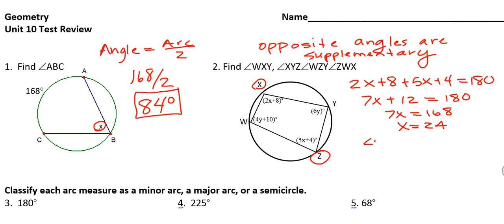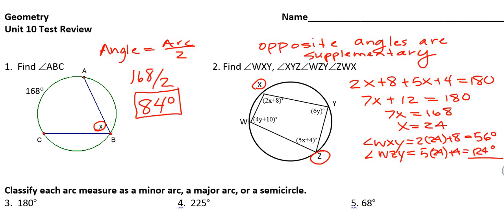For angle WXY, 2 times 24 plus 8 is 56 degrees. For angle WZY, 5 times 24 plus 4 is 124. A great way to check this is to add those two together. They equal 180, so I got the right measures.